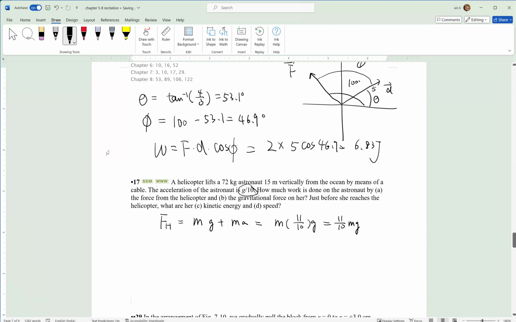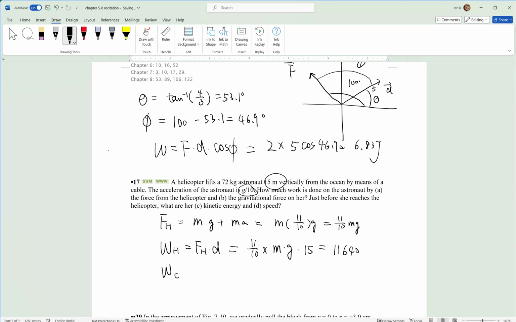So your work done by the helicopter will be equal to Fh times d. Distance is 15. So it's not 11 over 12, it's 11 over 10 multiplied by m multiplied by g multiplied by 15, and then you are going to get 11,640.